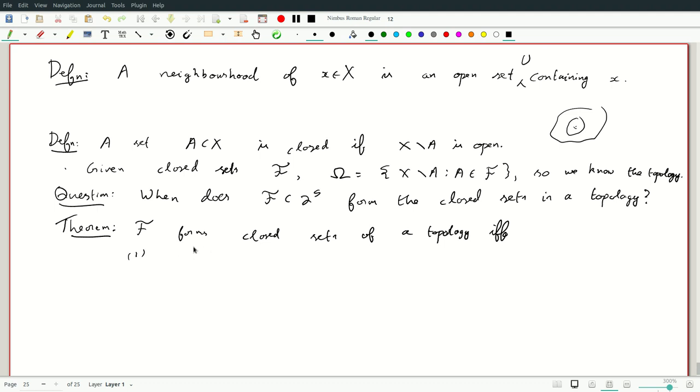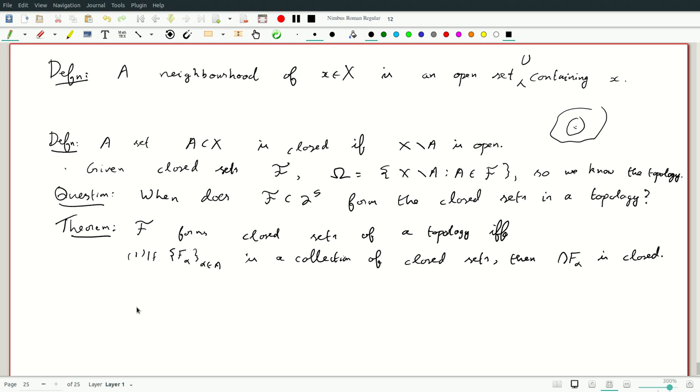So the first one is, well, we needed open sets to be closed under arbitrary union. So we'll need closed sets to be closed under intersection. So if F alpha, alpha in A, is a collection of closed sets, then the intersection of F alpha is closed.